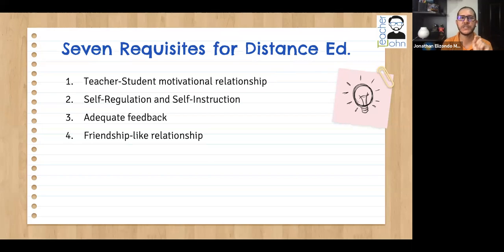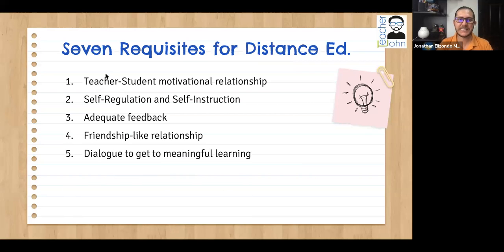So the moment you want to be your students' best friends, you lose certain respect and they feel like, oh, I can do whatever I want here. Now, a friendship-like relationship, if I think about my real friends, we respect each other, we support each other, we listen to each other, and we help each other. So that is when we think about the friendship-like relationship. I need to help my students, I need to be supportive, I need to be respectful, but also my students need to do the same to me.